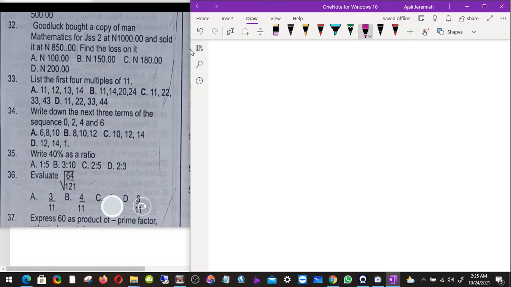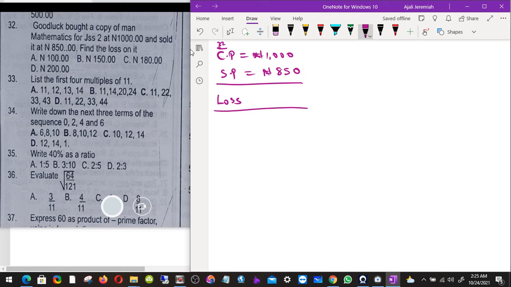So the cost price is 1,000 naira. Selling price is 850. So we're looking for the loss. The loss will simply be the difference between the cost price and the selling price, and that's 150.